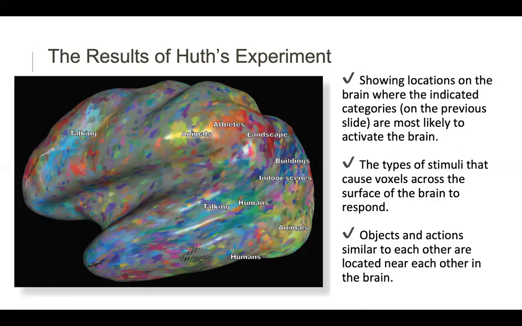And the areas labeled talking correspond to Broca's and Wernicke's areas. So by showing the locations on the brain where the indicated categories are most likely to activate, we see different parts of the brain area. And objects and actions similar to each other are located near each other in the brain.